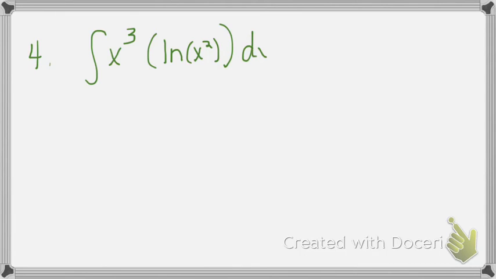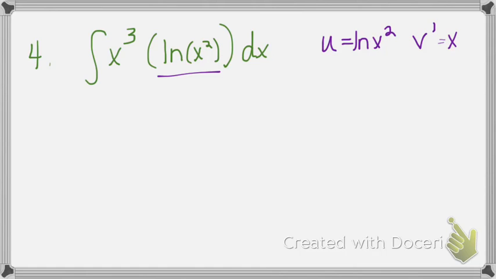Okay, let's do another ln problem. Alright. u and v prime. ln comes first in LIATE, so that's our u.